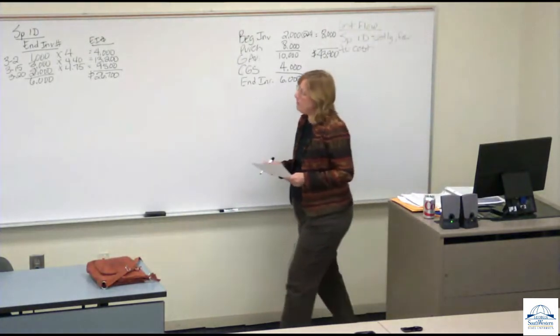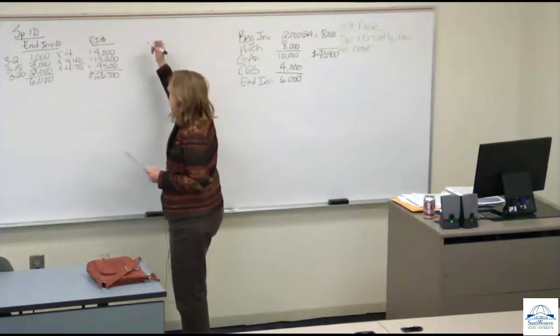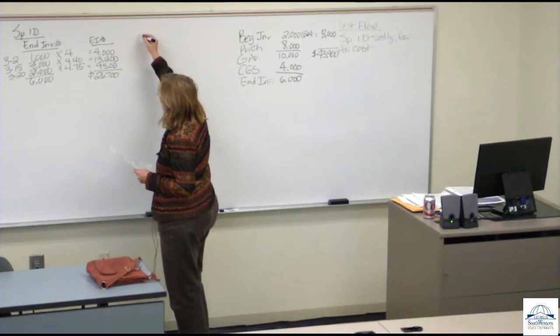So if our ending inventory is 26.7, how much is our cost of goods sold?